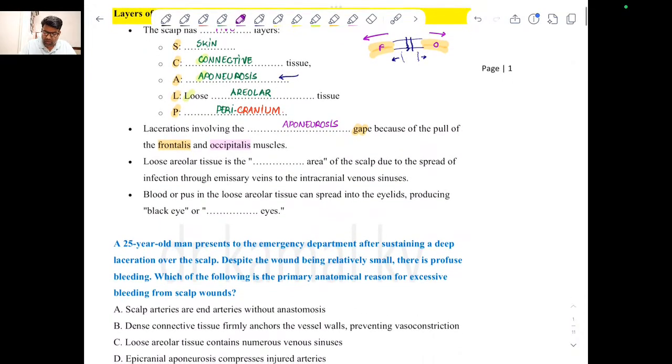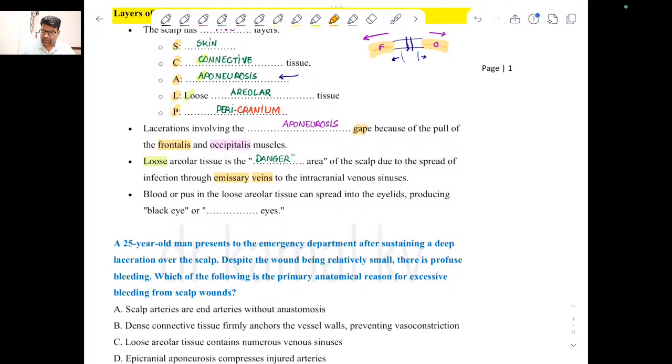Then loose areolar tissue is the dangerous area of the scalp, right? Why? Because the infection from outside the scalp can move inside the cranium through this loose areolar tissue, which contains emissary veins.